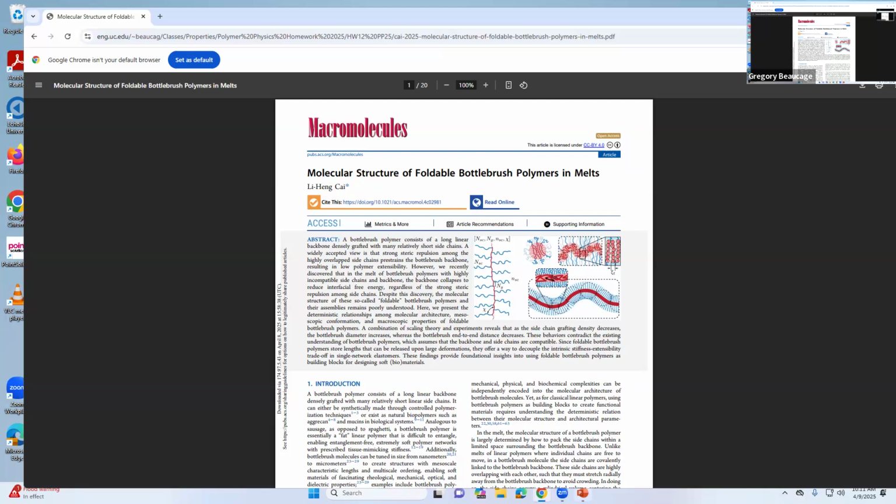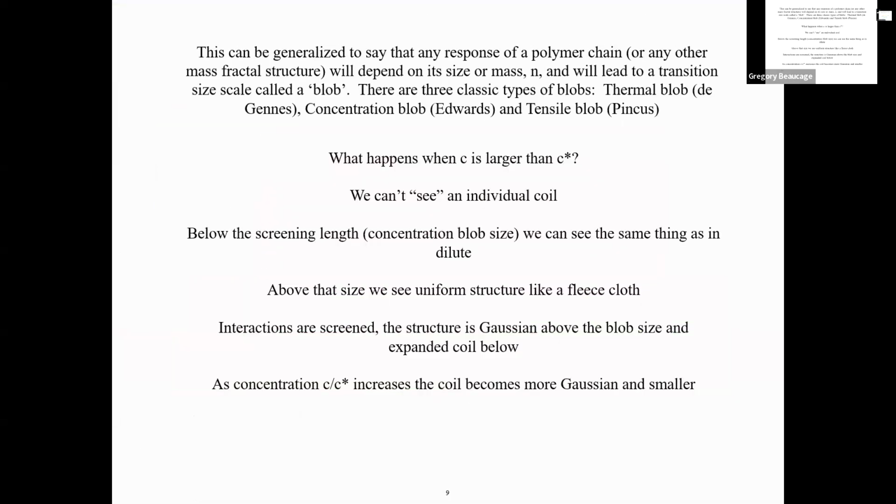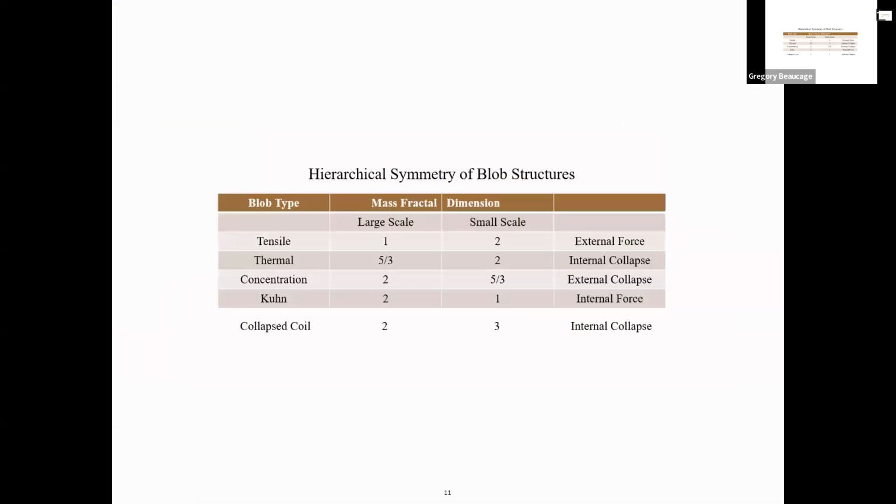So the blobs: there are basically four kinds of blobs, like three kinds, and then you can call a Kuhn unit a blob also, and then maybe five if you call it collapsed coil, and if you include the electrostatic blob for polyelectrolytes.